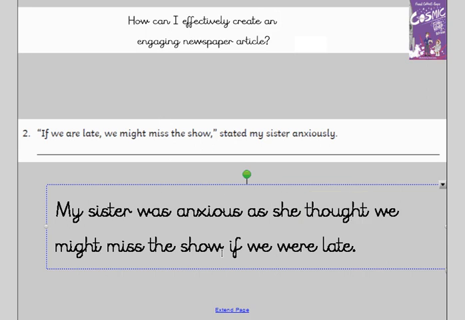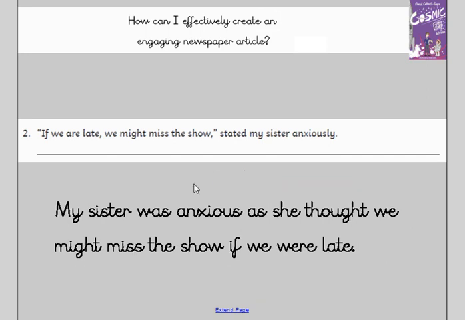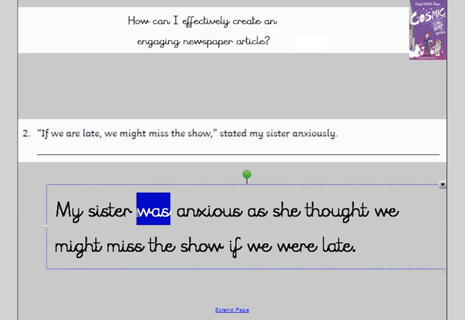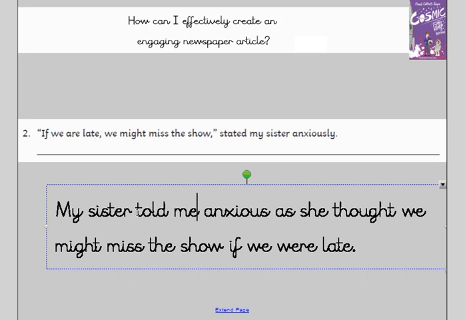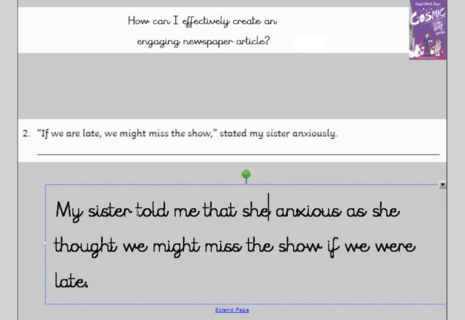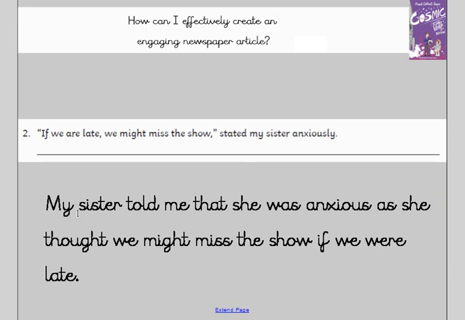I'm putting it across, but it's not word for word. And I'm just reporting what she had told me. So I might say, my sister told me that she was anxious as she thought we might miss the show if we were late. Okay, so my sister told me she was anxious, she thought we might miss the show if we were late.